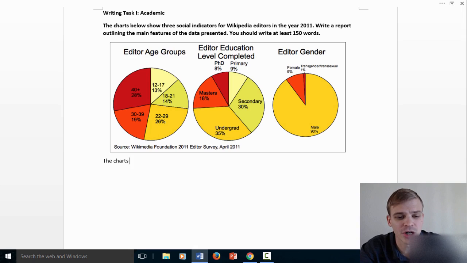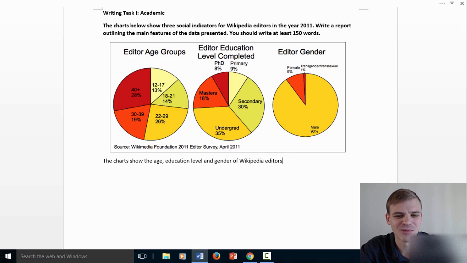So we could say the charts show the age, education, nothing else, right? And I'll say education level, and gender. And they're talking about Wikipedia editors. So the chart shows the age, education level, and gender of Wikipedia editors.